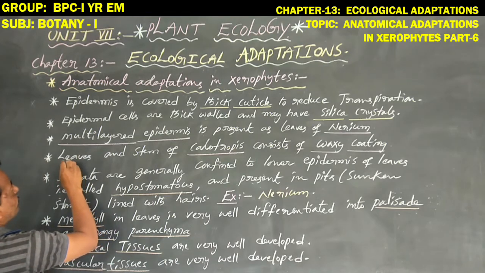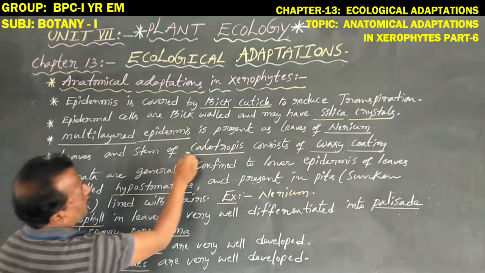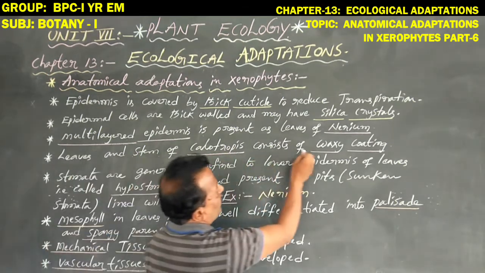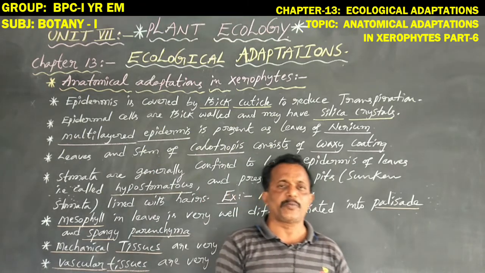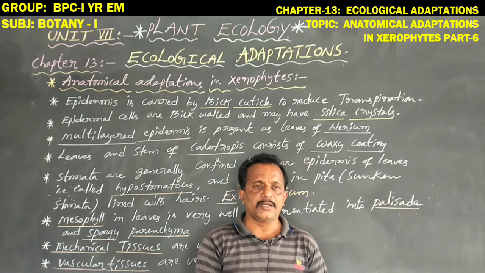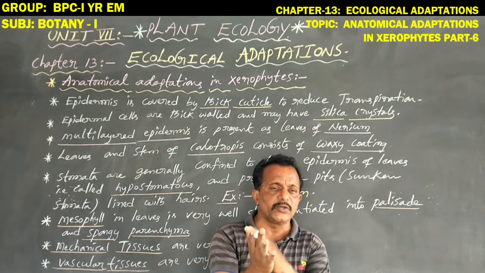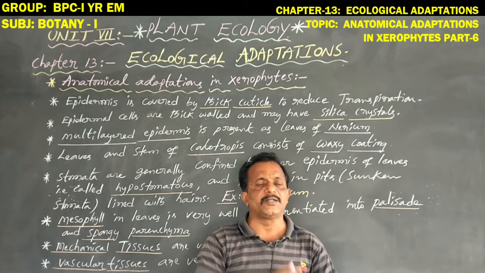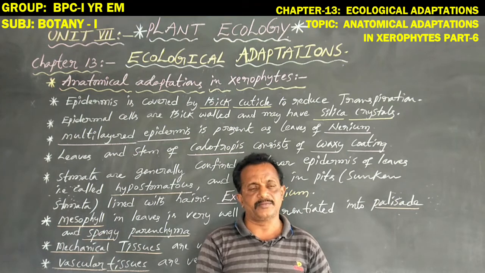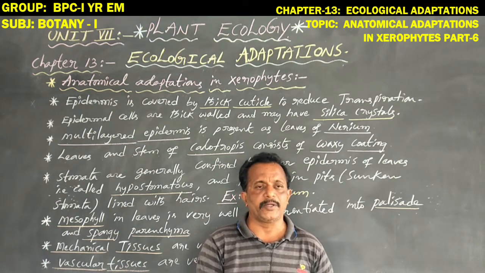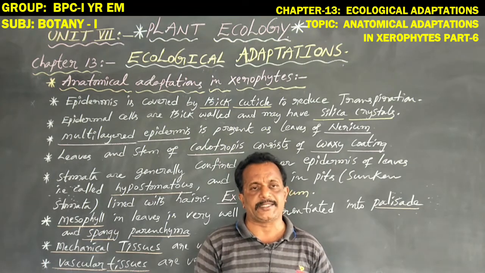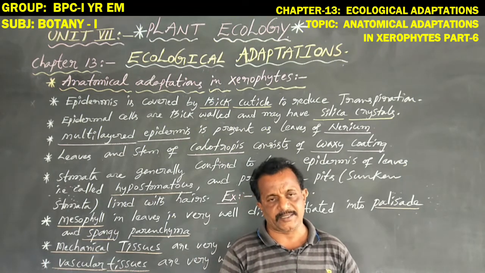Next, the leaves and stem of Calotropis have a waxy coating. Calotropis is also one of the xerophytic plants. The stem and leaves contain a waxy coating, and also produce a milky content, that is latex.